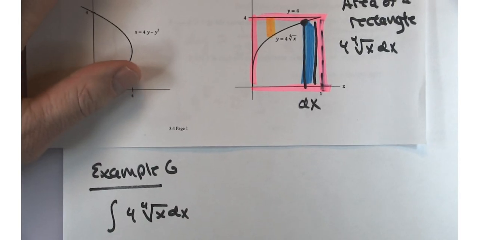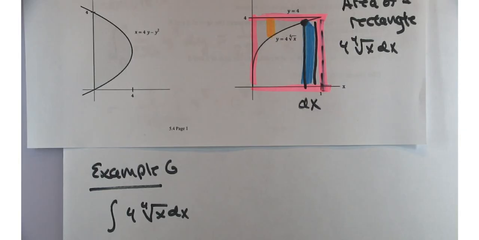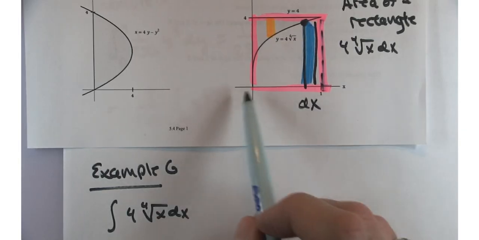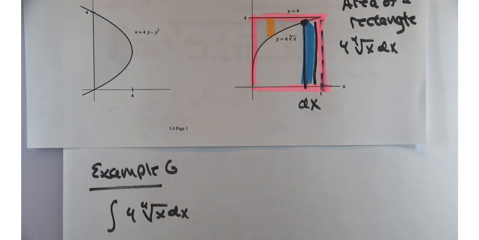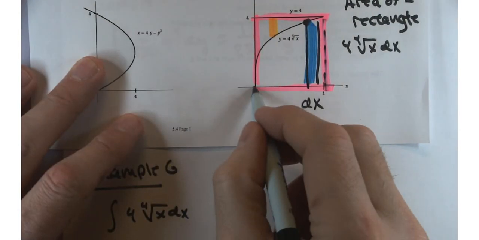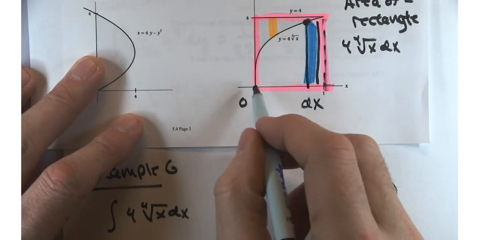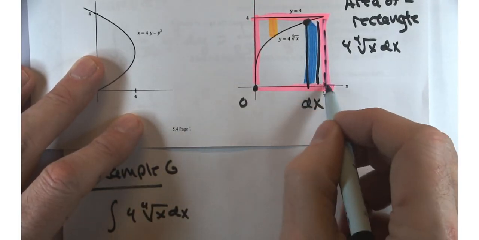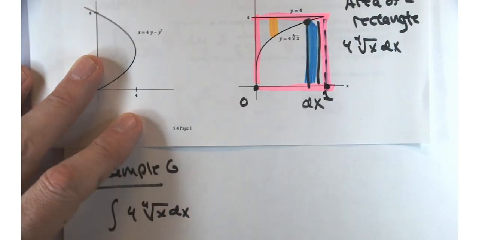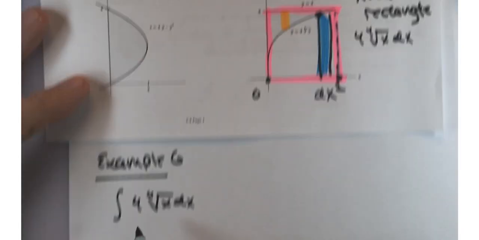What are the limits going to be for this particular problem? Where could this slice be taken from? 0 to 1. Yeah, 0 to 1. So 0 is the farthest left you can go with these slices, and 1 is the farthest to the right. So that's going to be our limits.